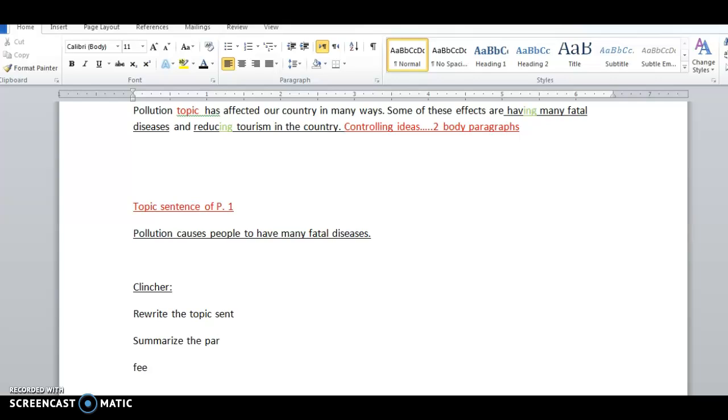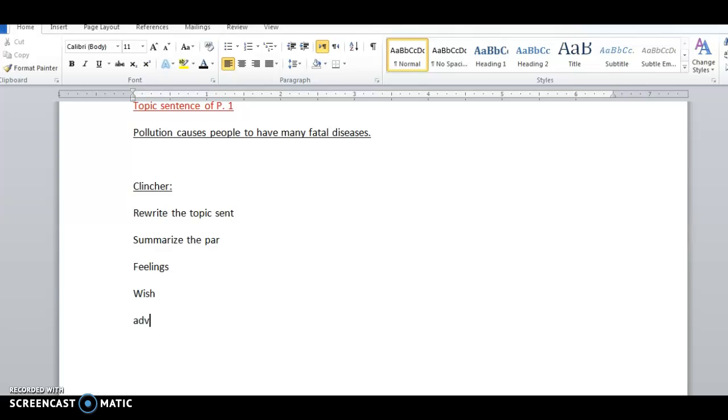I can give my feelings, especially if I'm writing a narrative. I can give a wish, also if I'm writing a narrative. I can give an advice or recommendation. And when I want to give an advice, I do not say I advise people to do that. This is very weak. I say people should stop throwing garbage here and there. This is an advice. Whenever I use the word should, must, or ought to, or have to, this is an advice or order.